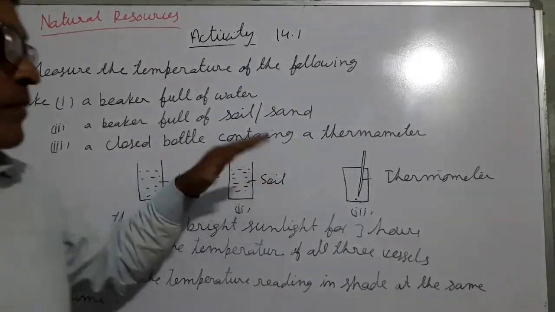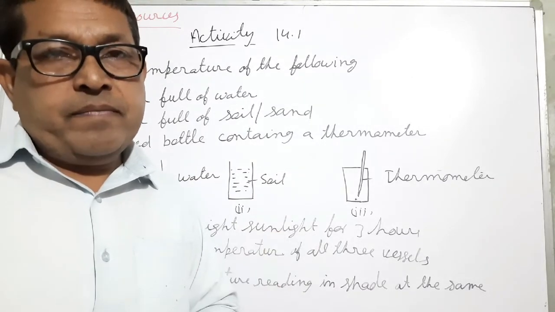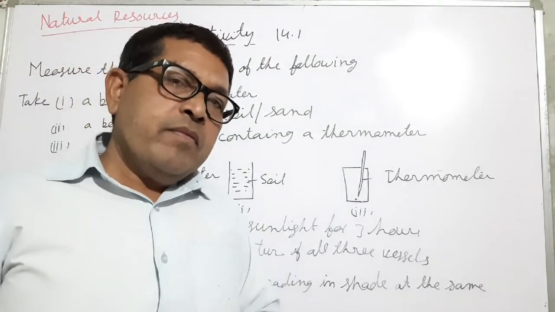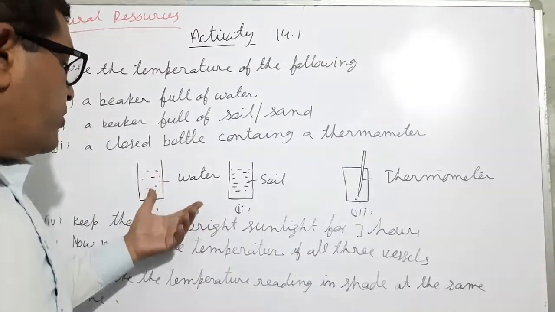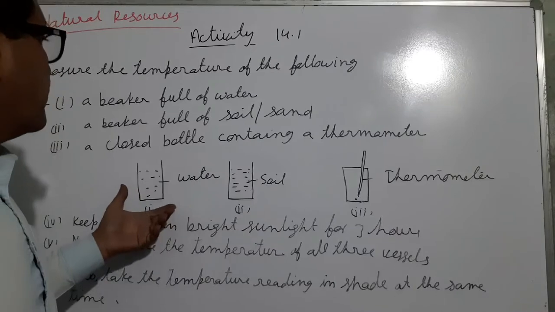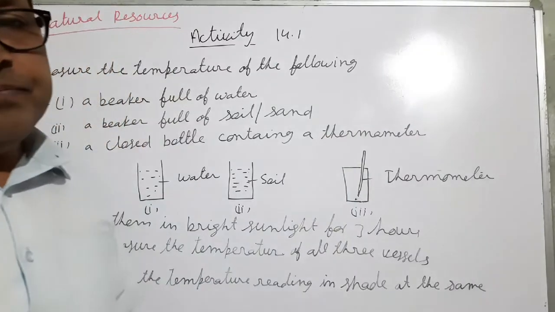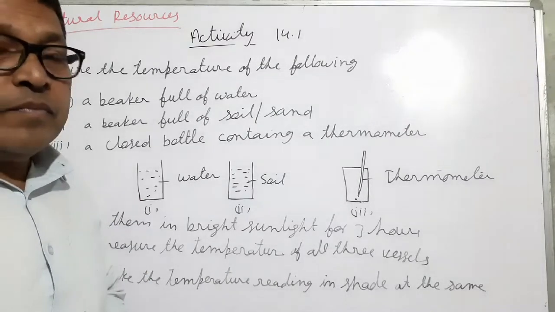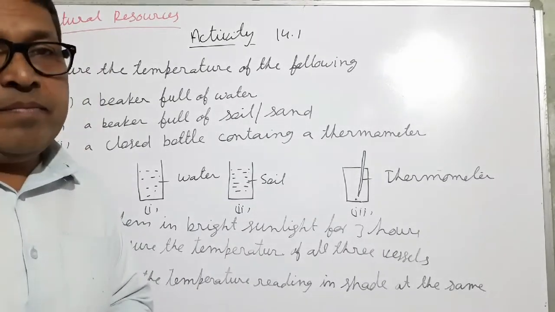Keep them in bright sunlight for 3 hours and measure the temperature of the first beaker, the second, and the closed container, and also take the temperature in the shade at the same time.